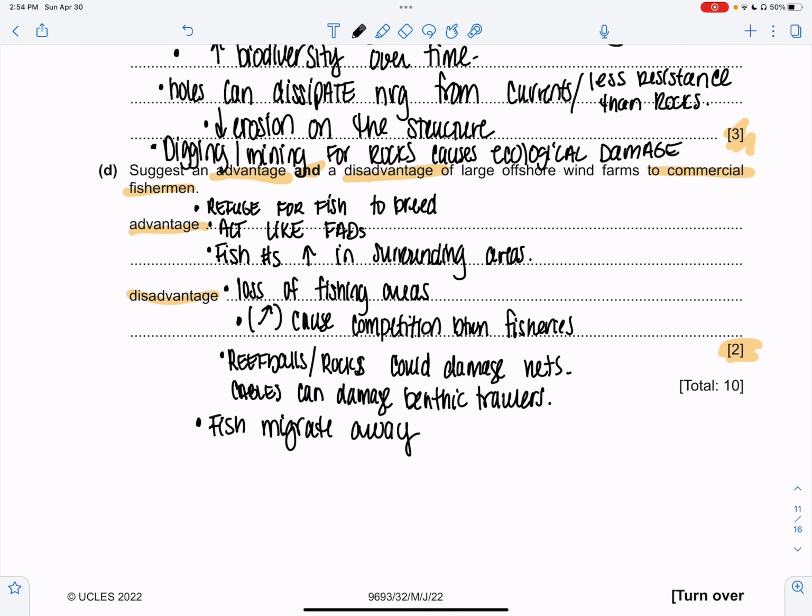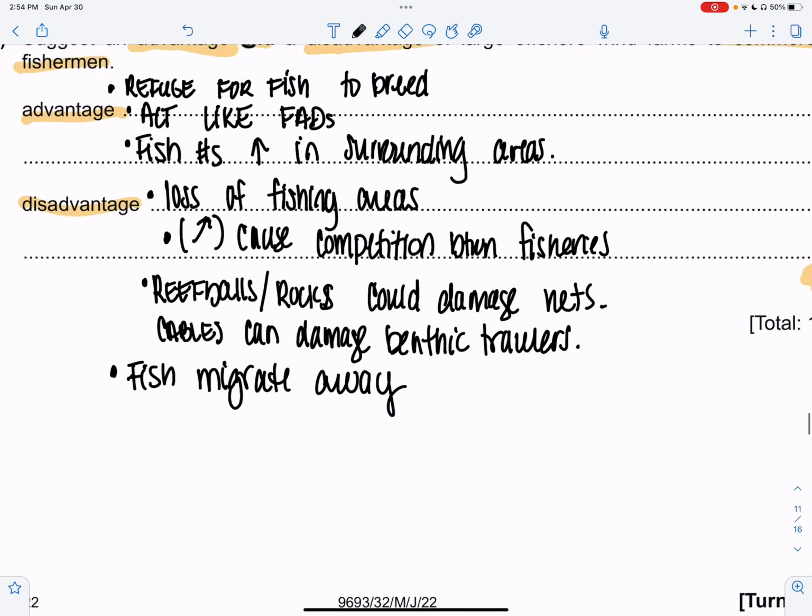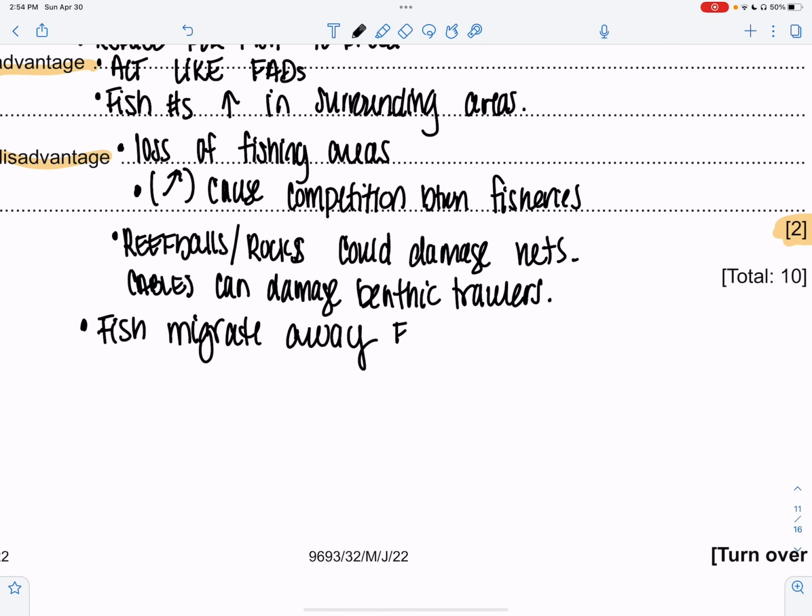They could act as fish aggregating devices, but then all of the vibrations from them, whether it's with the construction of it or the day-to-day use, could cause them to also migrate. And if they do have to navigate around it, fuel costs could increase.